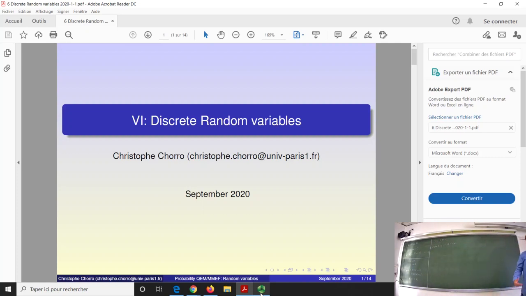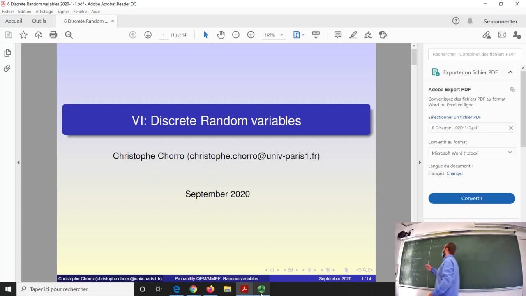So what we are going to do now, in maybe the next 6 sessions, is to be interested in particular cases of such a situation. The first case will be what we call discrete random variables. And what are discrete random variables? I will give you the definition just after, but it's very intuitive.